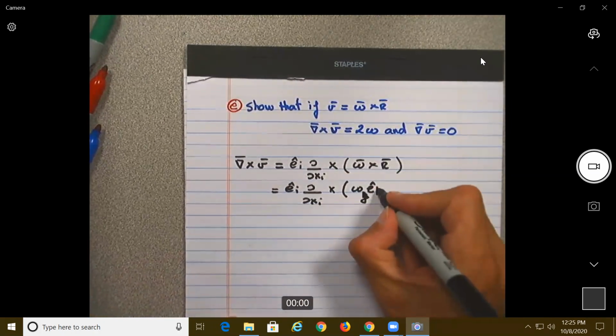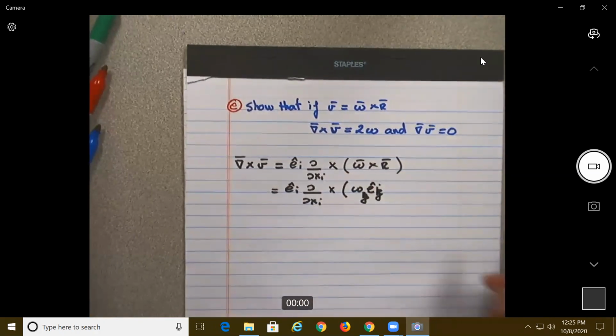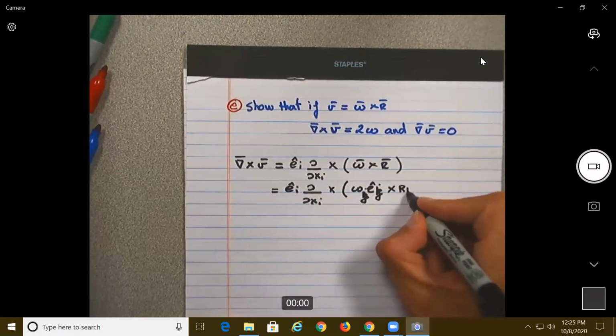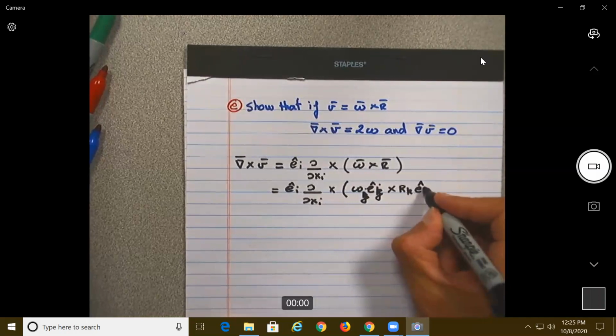That's gonna get messy. J cross R of sub K, e_K.